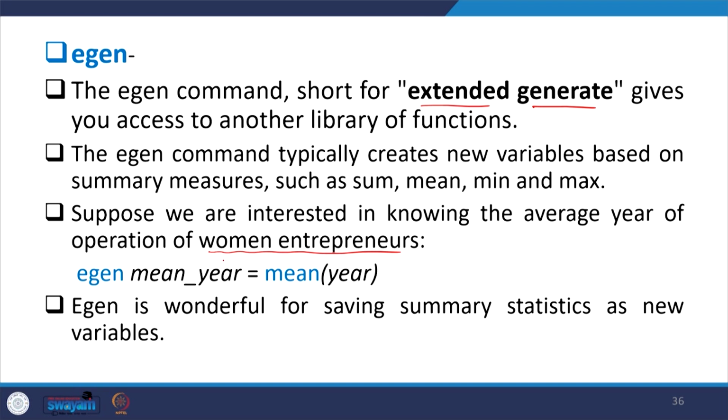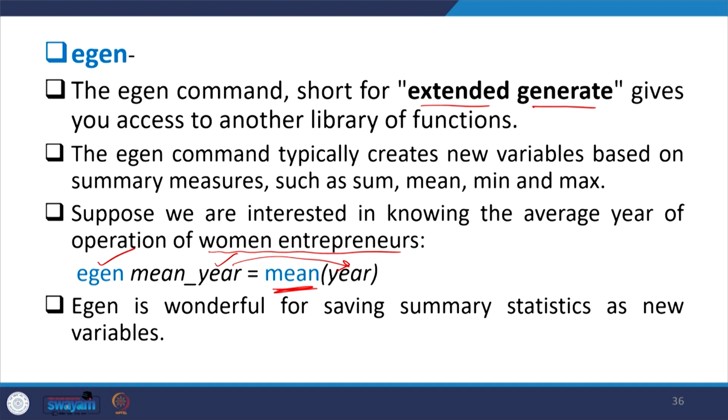If year is our variable name, then the mean of that year is again written here as the variable name, and mean is our function for the egen command. So that will generate a new variable with the mean of that year. Similarly, for mean expenditure, if you want that, this is in fact one of the quickest ways of getting the extended commands.